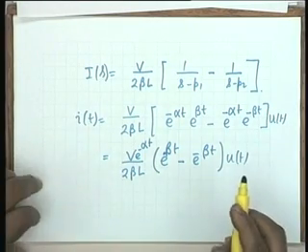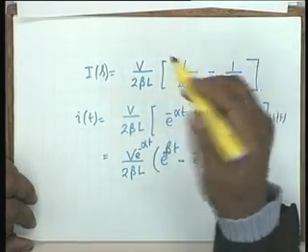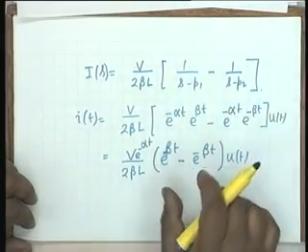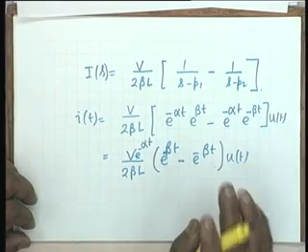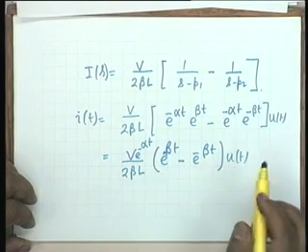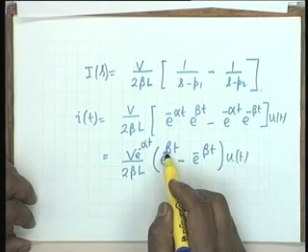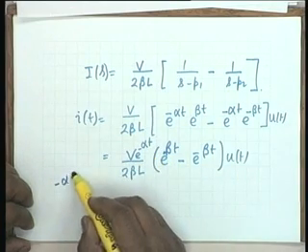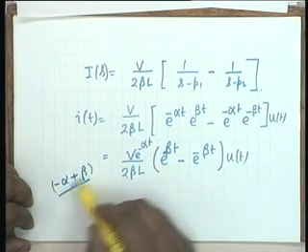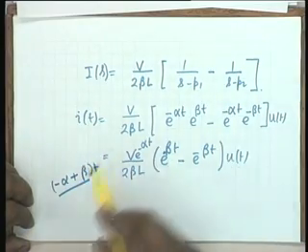Now, these are physical considerations, let us check them against this mathematics. At t equal to 0, this is indeed 0. At t equal to infinity, this is 0. Now, this term e to the minus alpha plus beta times t depends on whether beta is greater than alpha or alpha is greater than beta.